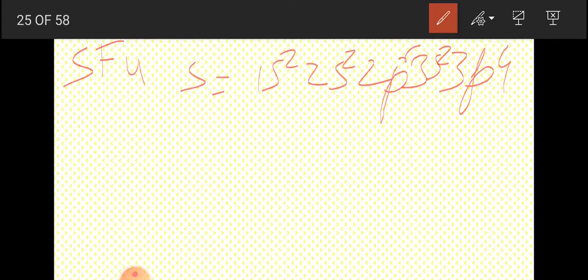Thus, in SF4, the sulfur has 5 electron pairs in the outer shell. Hence, the structure is based on a trigonal bipyramid.